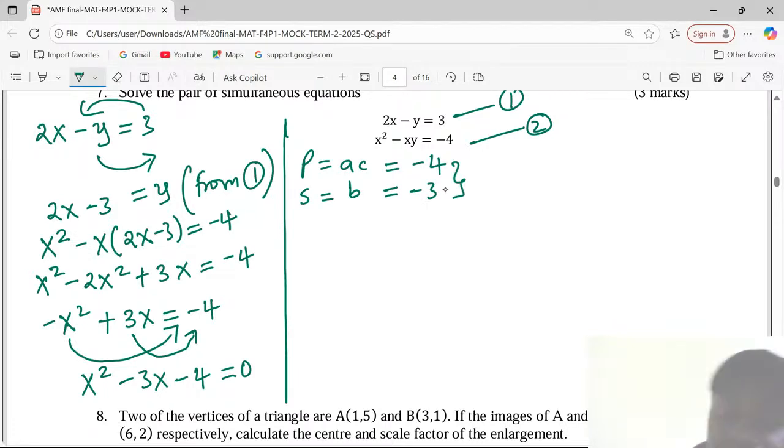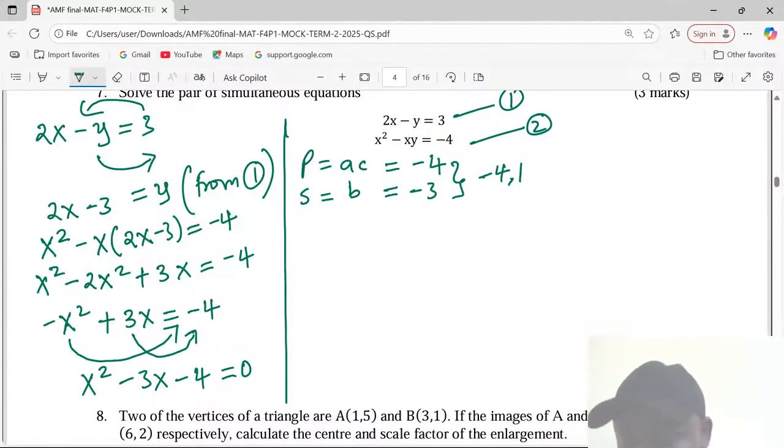We want two factors such that their product is negative 4 and their sum is negative 3. These are negative 4 and positive 1. Negative 4 and positive 1 multiplied give us negative 4, added give us negative 3.